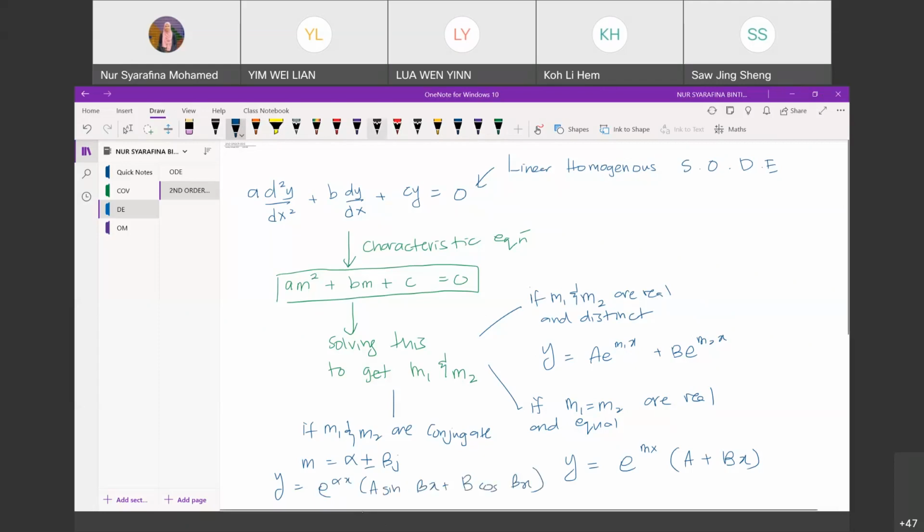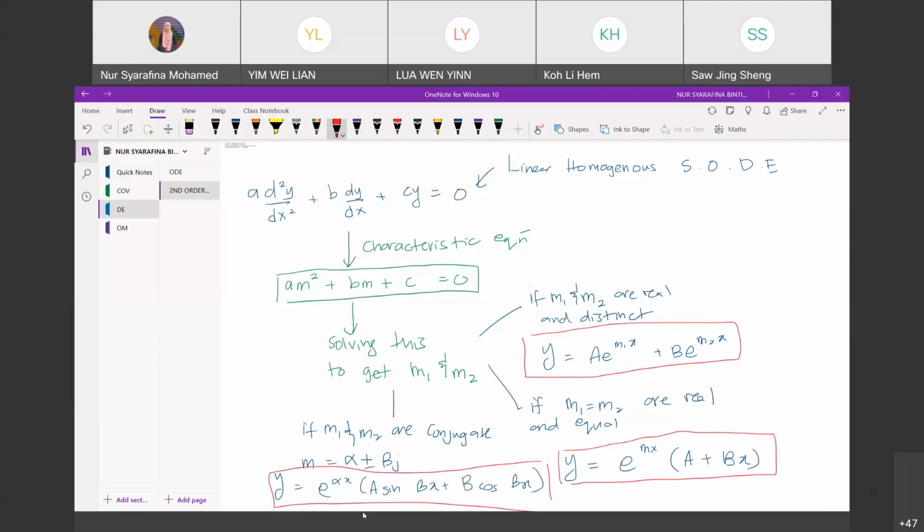So these are the three types of solution depending on the types of roots that you obtain from the characteristic equation. How can we identify the solution? By looking at the value of the roots obtained from solving the characteristic equation.